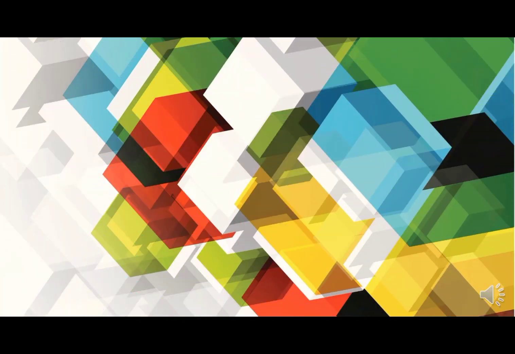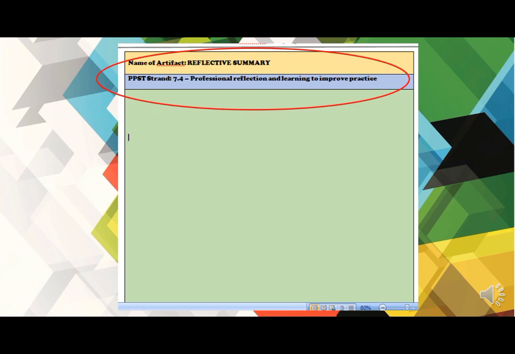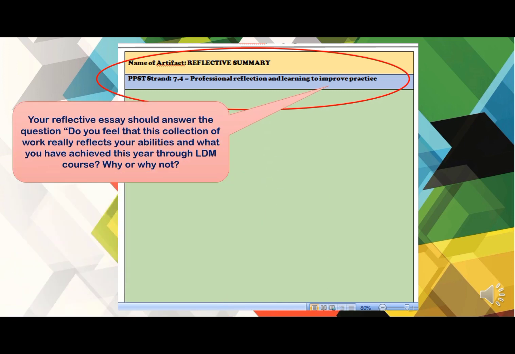For our last required artifact, we have reflective summary with PPST Strand 7.4, professional reflection and learning to improve practice. So your reflective summary should answer the question, do you feel that this collection of work really reflects your abilities and what you have achieved this year through the LDM course?